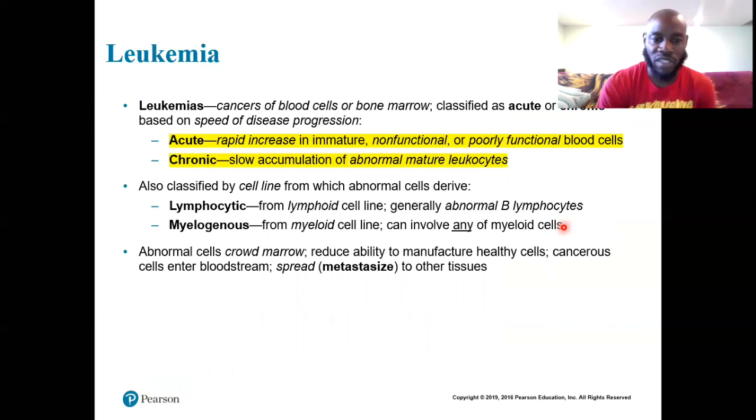Acute is a rapid increase in immature, non-functional, poorly functional blood cells, which can be problematic, and then chronic is slow accumulation of abnormal, mature leukocytes, white blood cells. That can lead to what we call leukemia. So different forms of leukemia. Like I said, it's cancer of the blood cells or the bone marrow, blood cancer, basically.